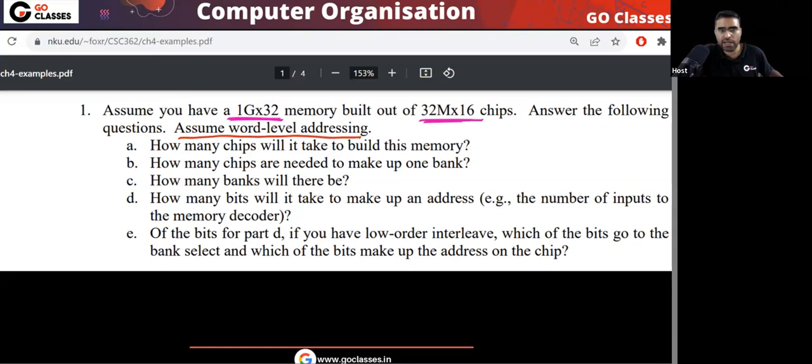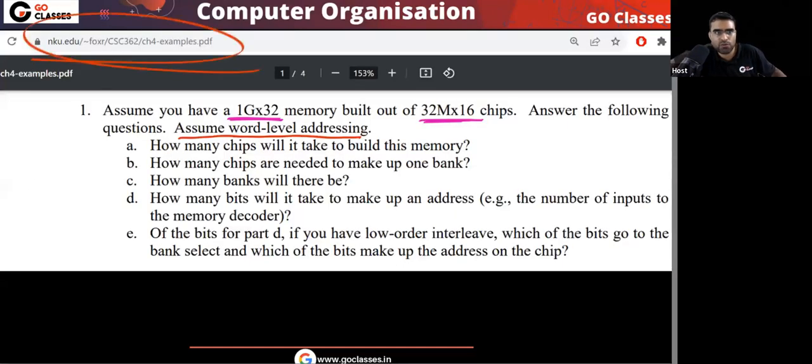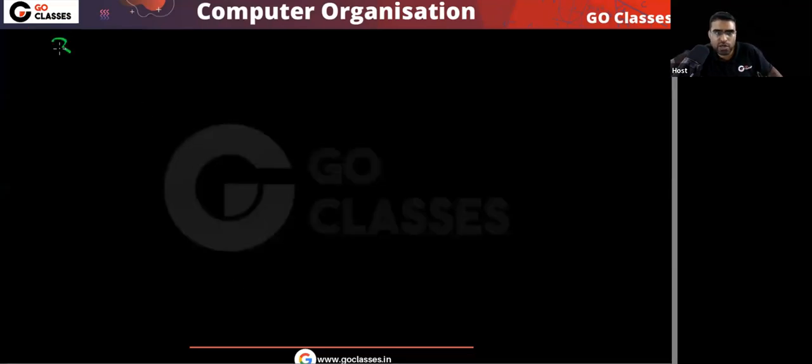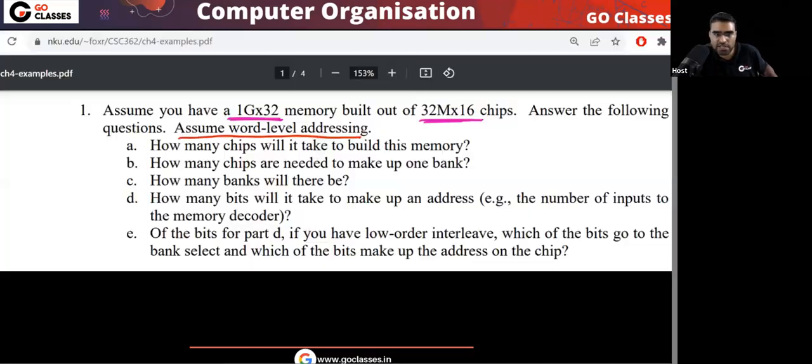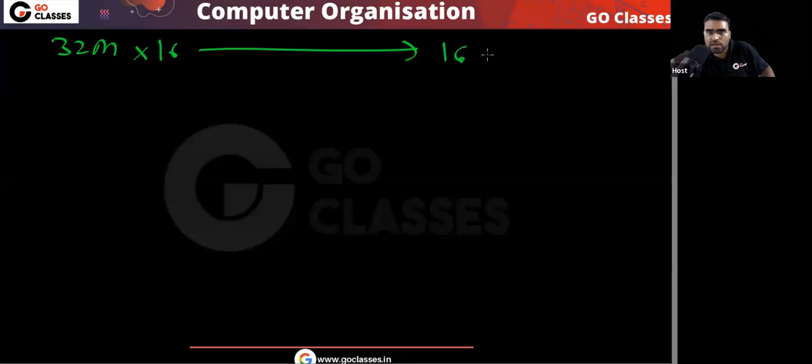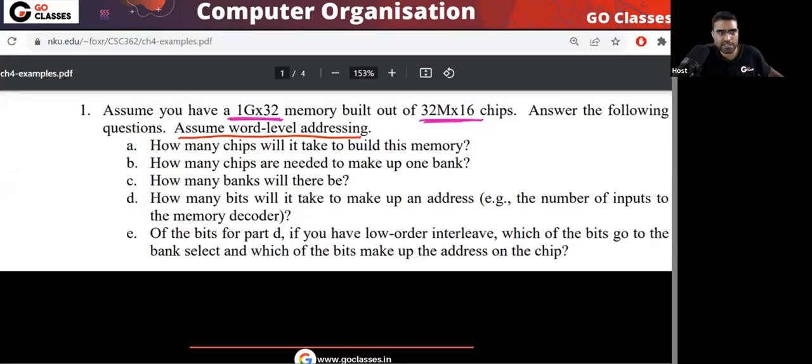The question is asking how many chips are needed. This is a standard question from a standard university. The question is saying that using 32M into 16 chips, we are creating 1G into 32.